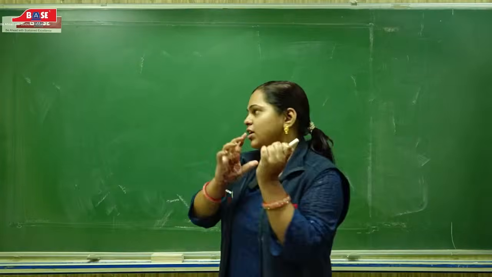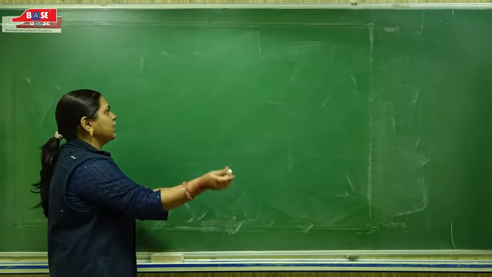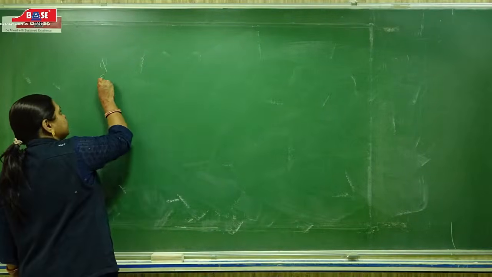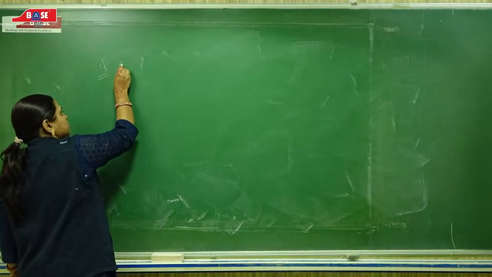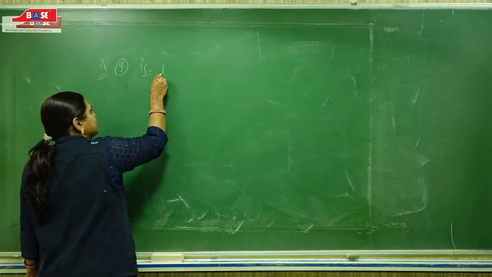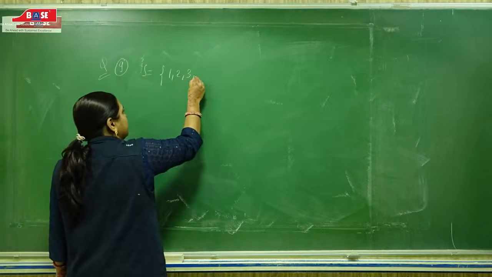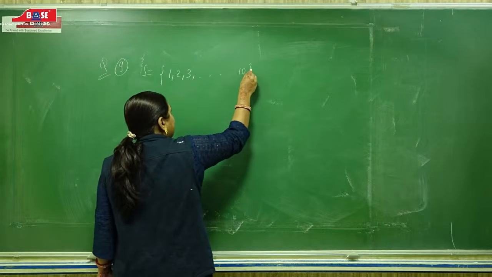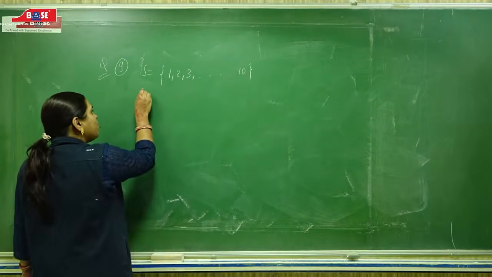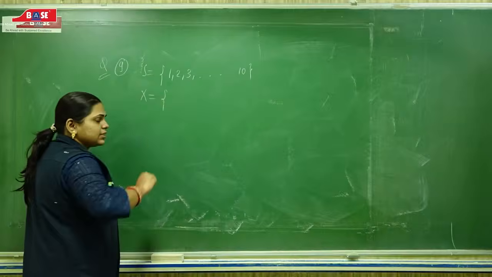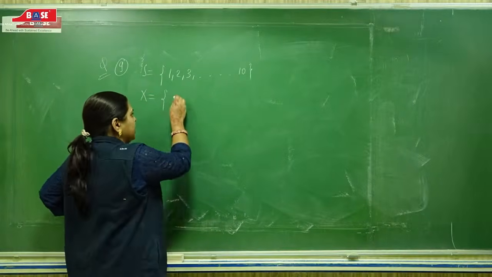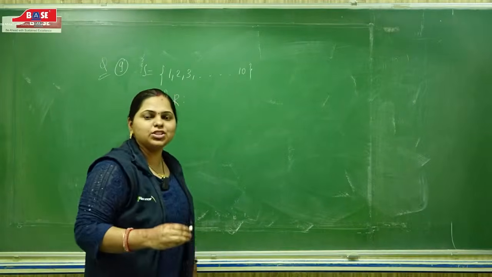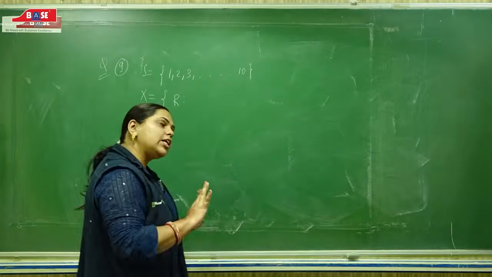Now if you observe, there is a set S which contains 10 elements over here, and I am interested in how many elements are present in this X, right? And what does this X contain? It contains R such that this R is an equivalence relation.